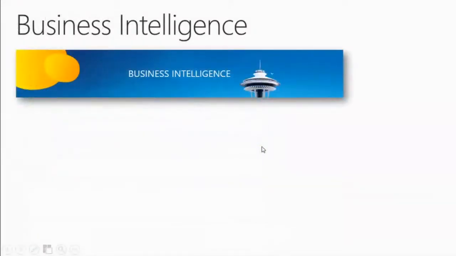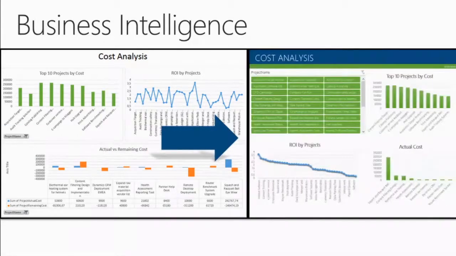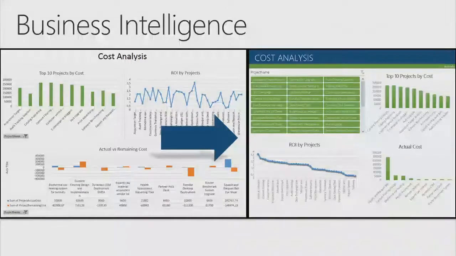So I've already created the business intelligence area, and this is an example of one of the reports that are out of the box in your client. So now we have looked at how we can enhance your reports and do the look and feel like you like it.